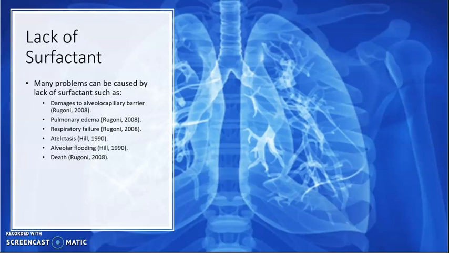Babies without surfactant and without any medical assistance will be unable to bring in enough oxygen, they won't be able to support their organs, and they may even suffer from brain damage or any of the possible problems that we've shown on this list, such as pulmonary edema, alveolar flooding, and also death.